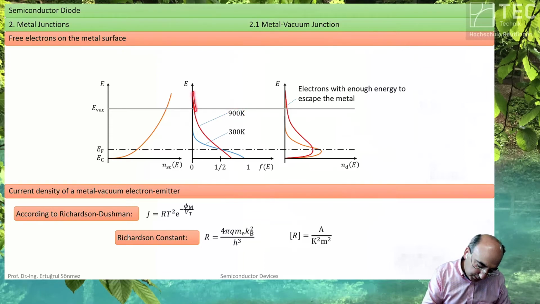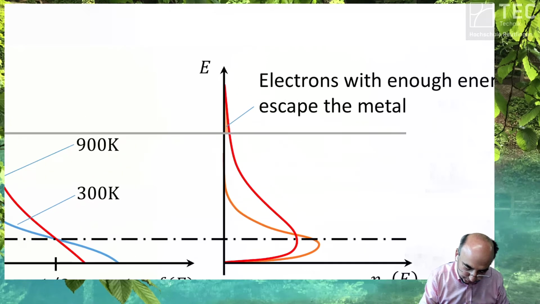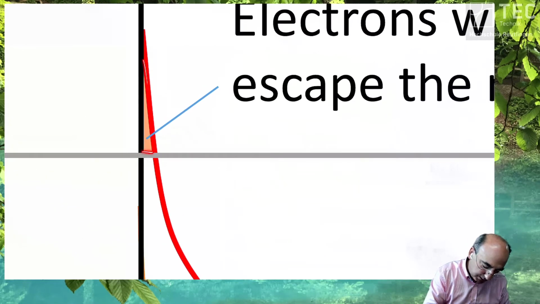You generate some probabilities where you have states in the vacuum, and the escaped amount of electrons is this area here.